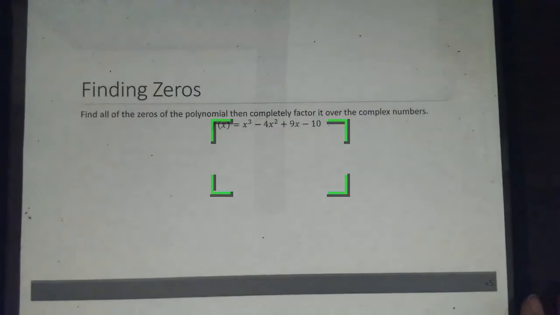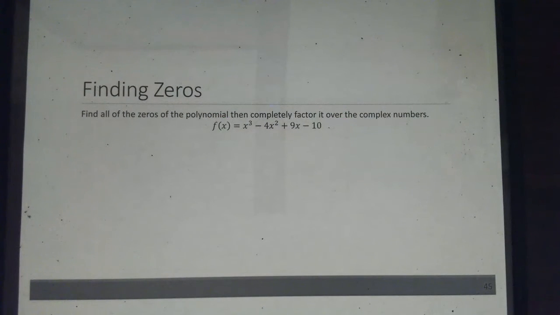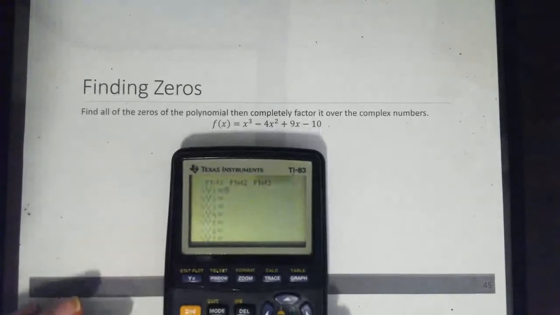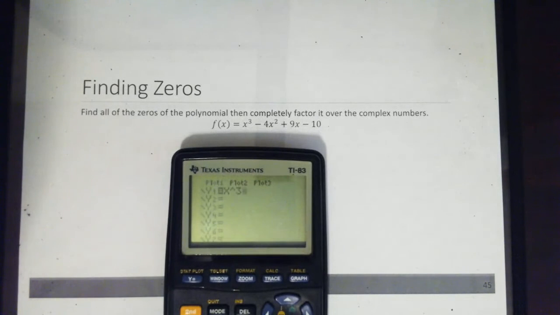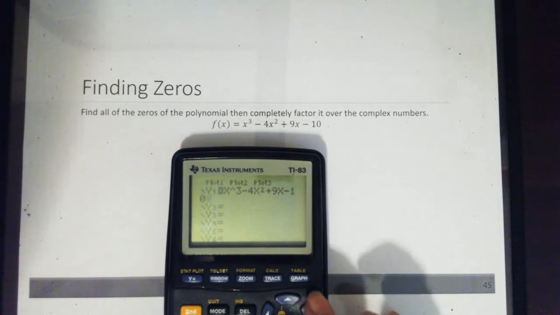It says to find all of the zeros of the polynomial and then completely factor it over the complex numbers. Let's be really smart about this. Now, we have a graphing calculator at our disposal, so let's see if it can help us. In my y equals, I'm going to type in x cubed minus 4x squared plus 9x minus 10.